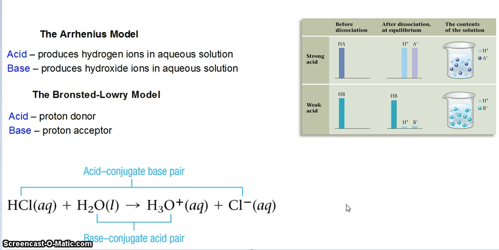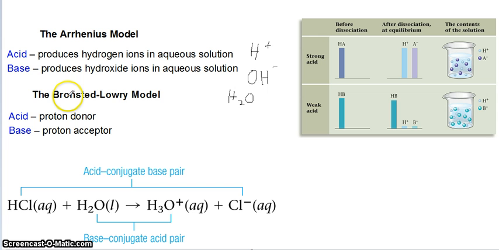He was pretty close, by the way. In his model, an acid donates protons and a base donates hydroxide ions. If you take a look, when you put a positive H with an OH, you get H2O, by the way. So that should be noted there.